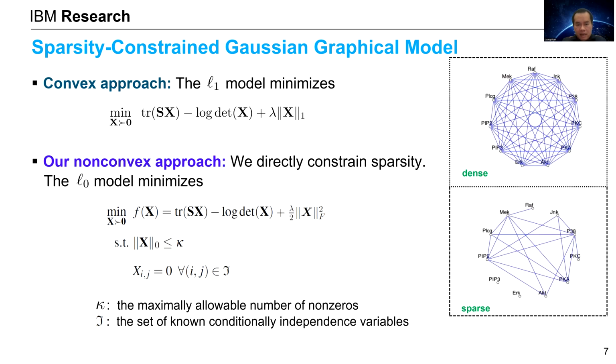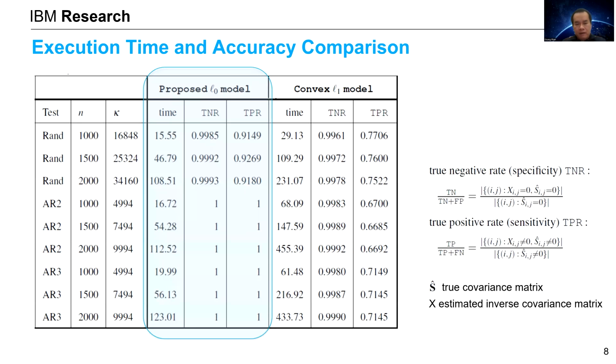In the next slide, we can show the benefit of using our elastic L0 model. For that, we combine L0 with the L2. We can see that for the L1 model, in terms of accuracy, here we measure the true negative rate and true positive rate.